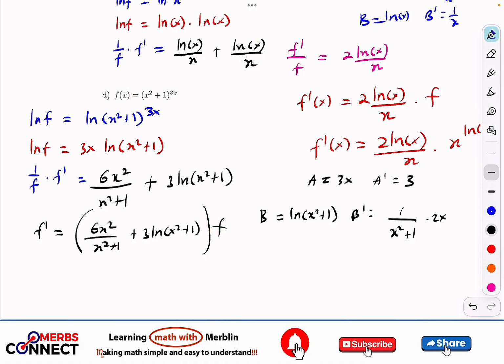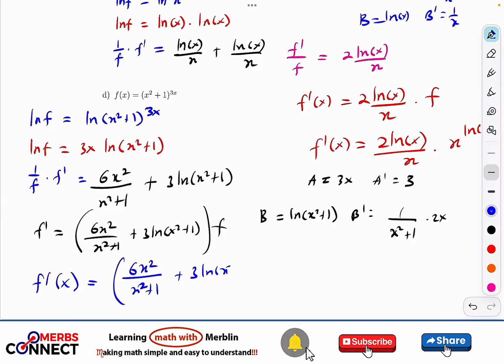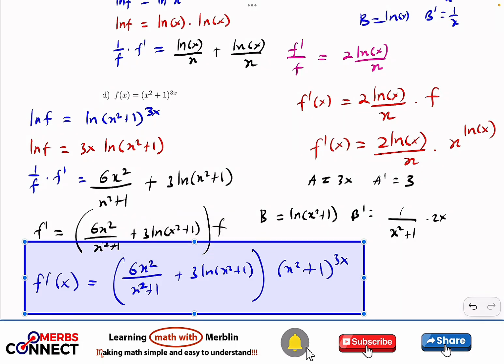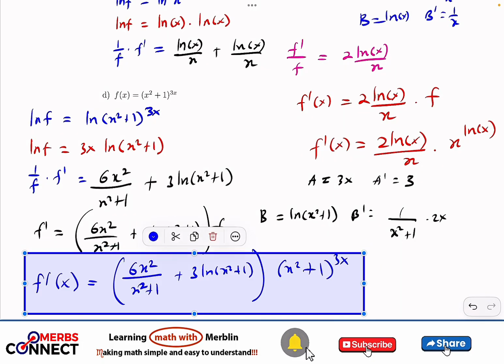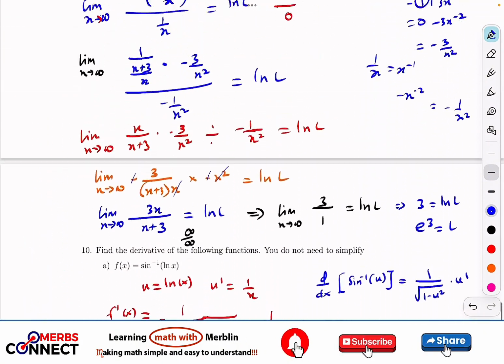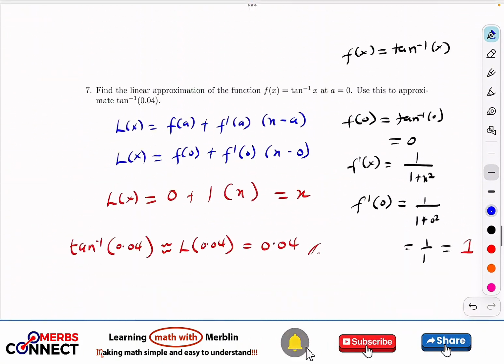So therefore, our f prime of x, which is our final solution for the day, is going to be 6x squared over x squared plus 1 plus 3 natural log of x squared plus 1, times x squared plus 1 to the power 3x. So this is our final solution of the day. So we should be having something like this on it. Great. So this was a long journey and we are done. So I wish you all the best in your exams.